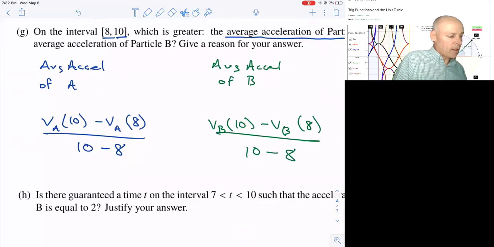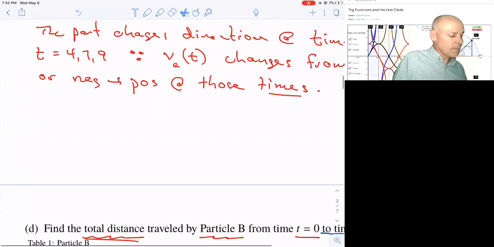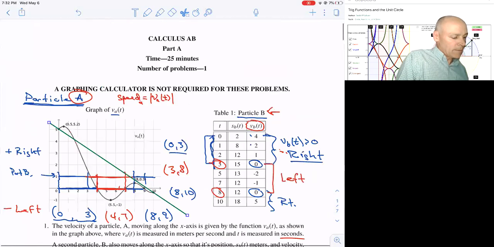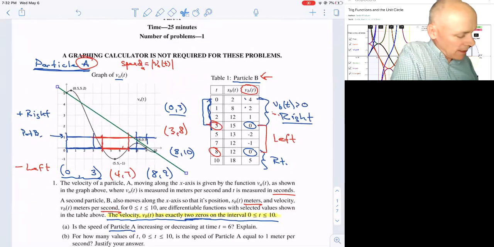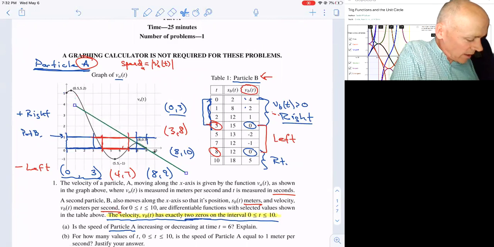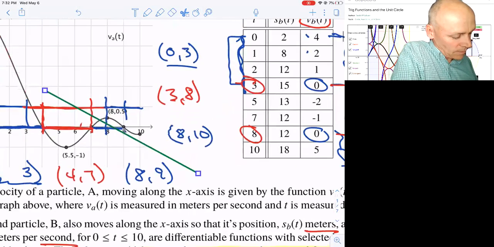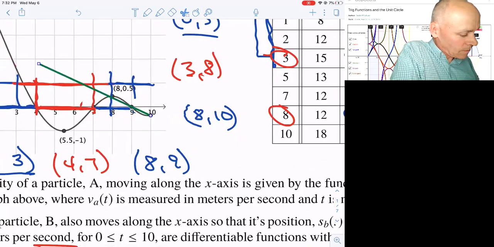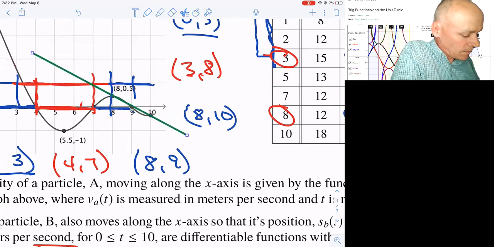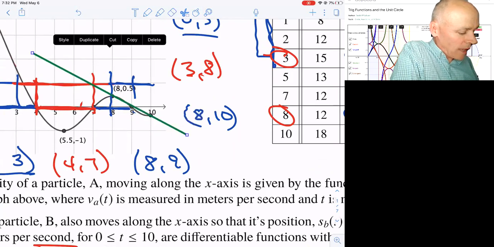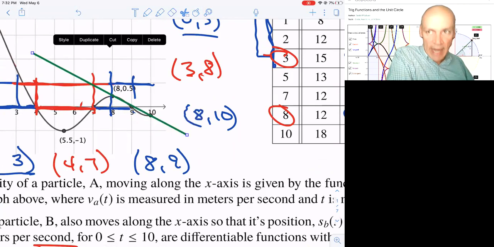Yep. Oh, no, 8 to 10. Check that. Sorry about that. So actually, I don't want to go through that. I want to change this endpoint so it's going through 8. So I'm looking kind of like that. Okay. So the slope of that line is my average acceleration on that interval from 8 to 10 for particle A.